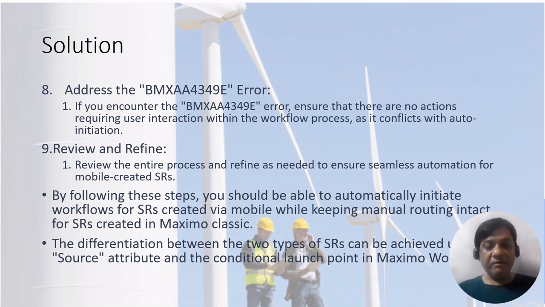Then you review and refine your process. By following these steps, you will be able to automatically initiate the workflows for SRs in mobile while keeping your manual routing intact. The differentiation between the two types of SRs can be achieved by the source attribute and the conditional launch point in Maximo workflow.